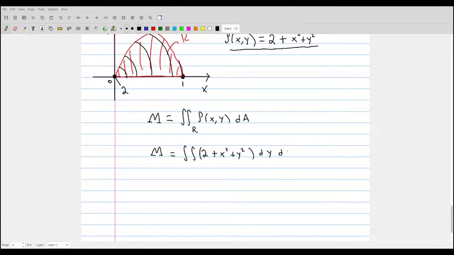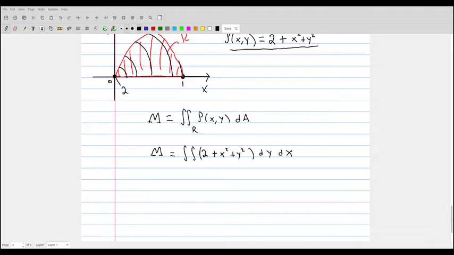dy dx. Now what's interesting to note after the last lecture is that very often an integral might be easier to compute if you're integrating over a rotationally symmetric domain. So you might have to use polar coordinates or a different coordinate system to evaluate this integral.